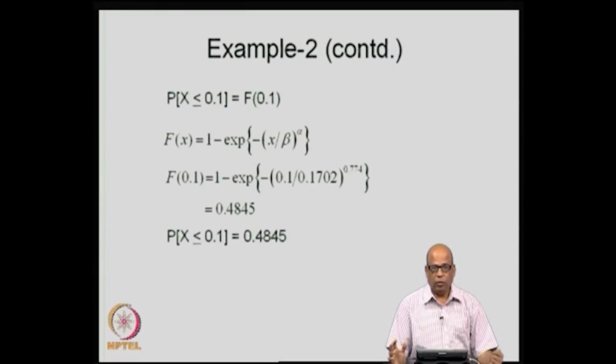Now, the type 1 distribution essentially comes from the parent distributions which are unbounded on the side of the extreme that you are looking for. For example, if you are looking for the minimum values, then the parent distribution has the lower extreme unbounded. For example, the normal distribution which has a lower extreme unbounded.